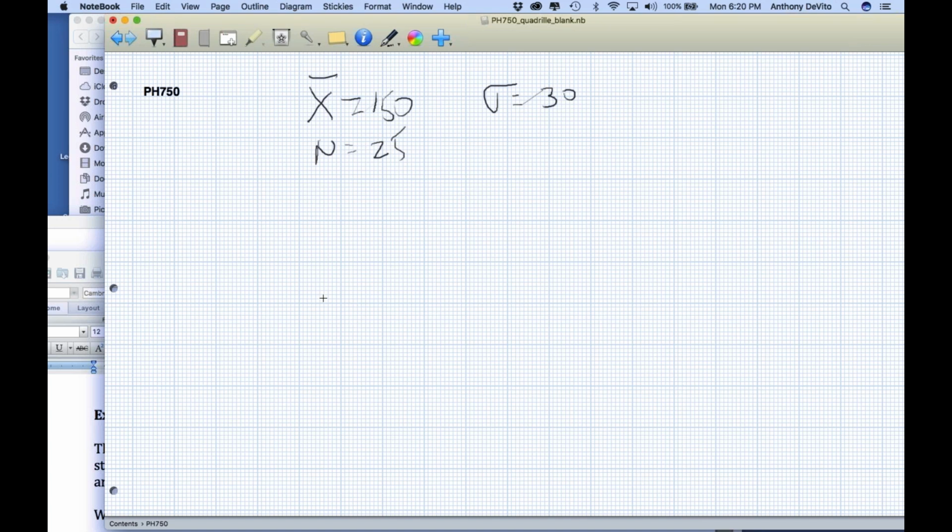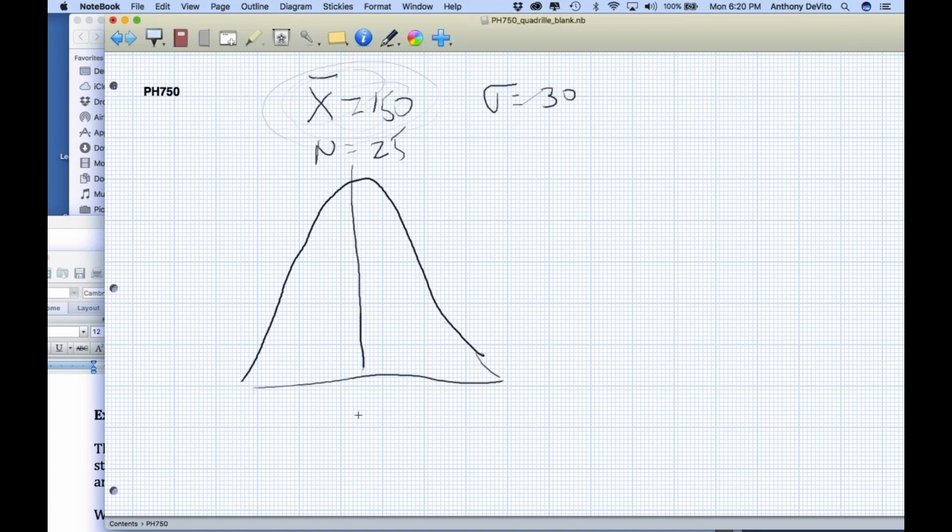Okay, so if I assume for a moment that I got lucky and that's what the population mean really is, I would expect that if I took repeated samples over and over and over again, I would get samples with a mean of 150.